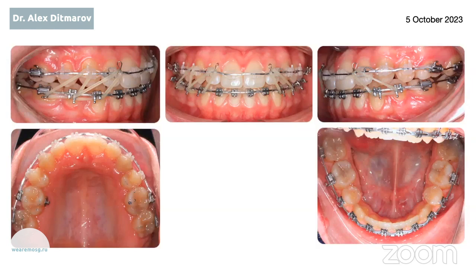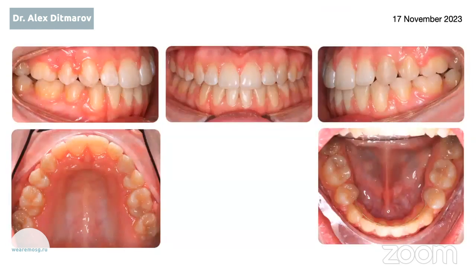And these are her final records. I debonded her just yesterday. So her gingiva is a little bit swollen. There is some inflammation over here. It will heal in a few months.